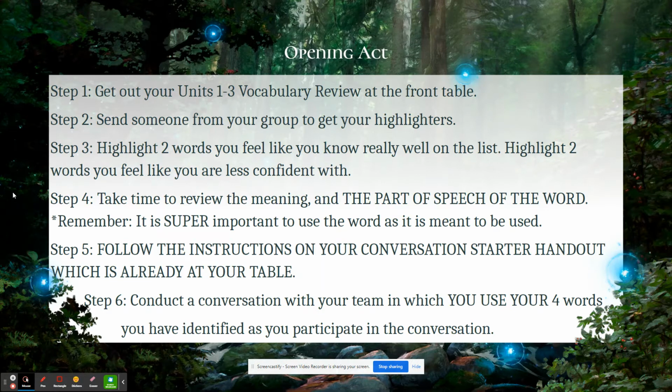At that time, it was Unit 4 because this was the first time I had done it this way. And that worked out pretty well. And it gave us an opportunity to find where students were misusing words or misunderstood the meanings of words. So then I broke it down into having the students do conversations at their individual team tables.